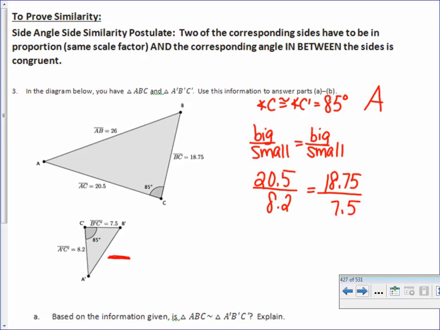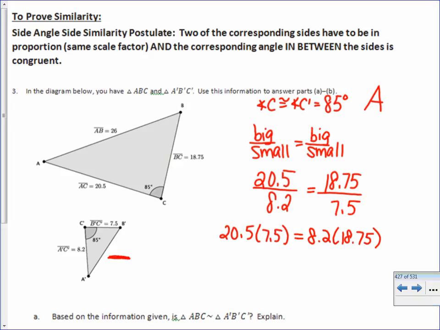Let us apply our cross products property and cross multiply. 20.5 times 7.5, is that equal to 8.2 times 18.75? Use your calculators. You're going to get 153.75 equals 153.75.